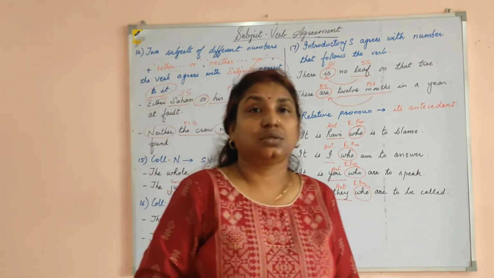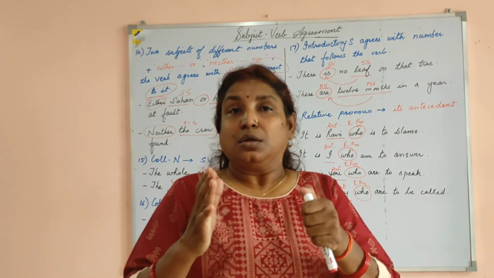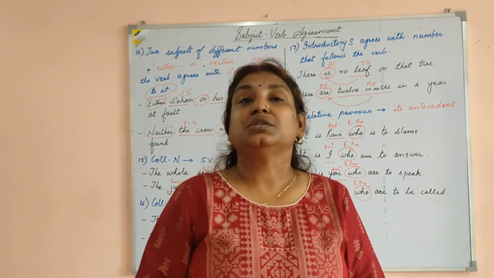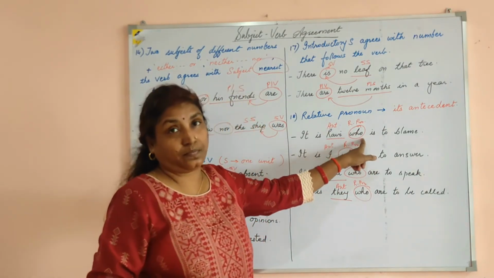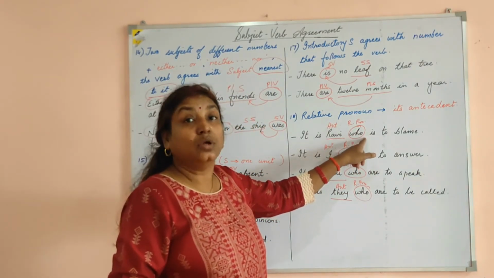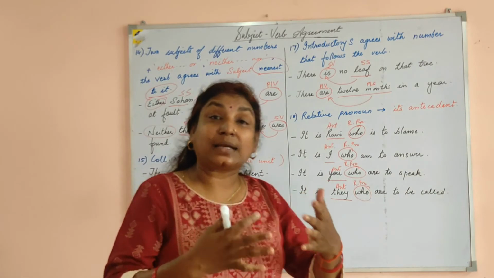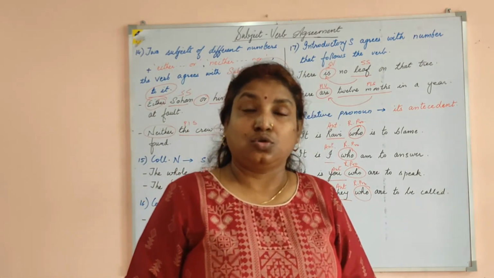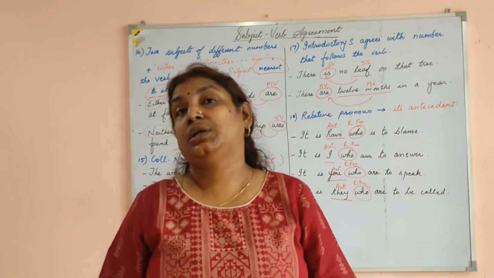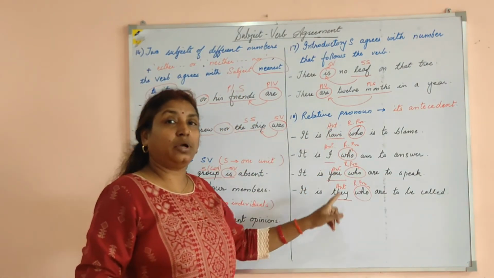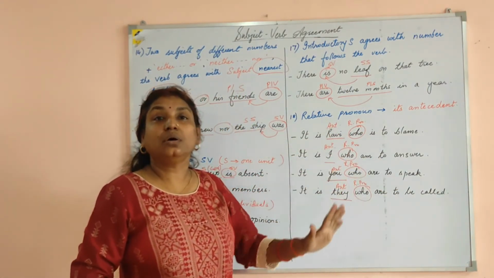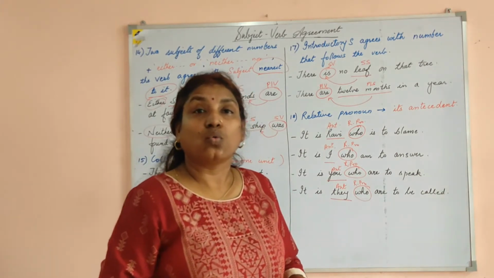So since in such sentences, your subject is the relative pronoun, this relative pronoun acts as a subject. So, how do I know what number it takes? Go to the antecedent, find the number, and accordingly give the number to your verb.